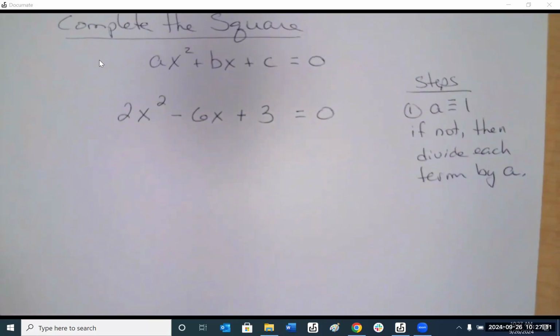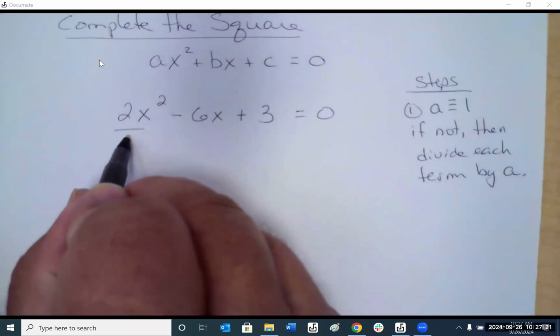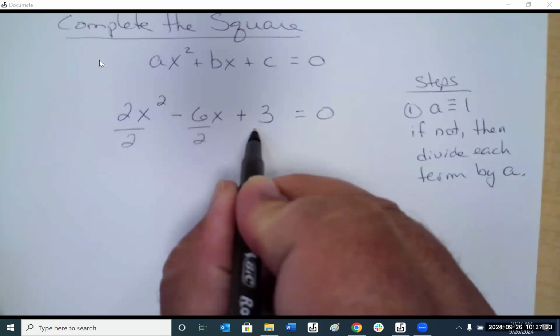So is our a 1? No, it's 2. So we have to divide each term by 2.